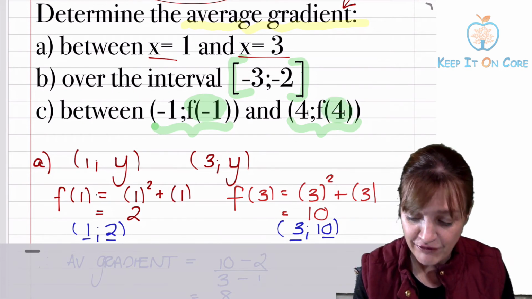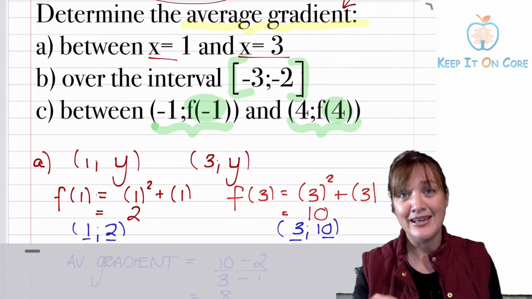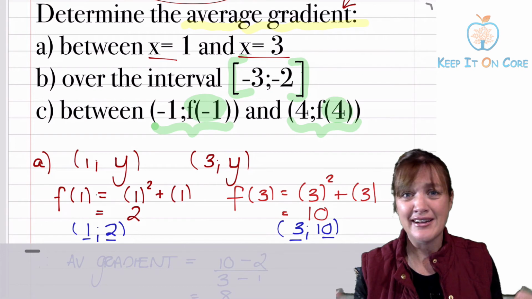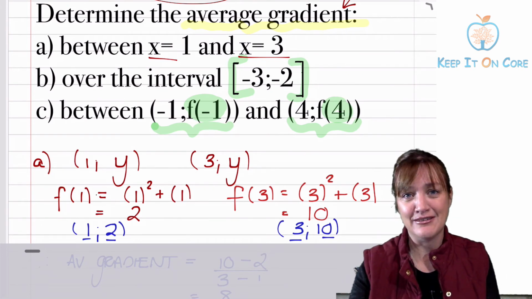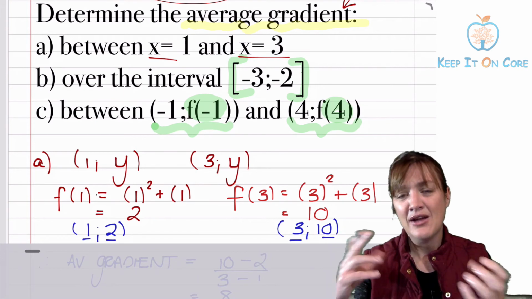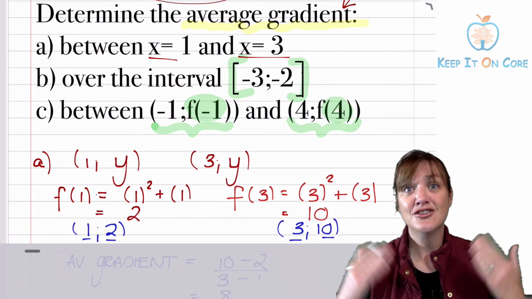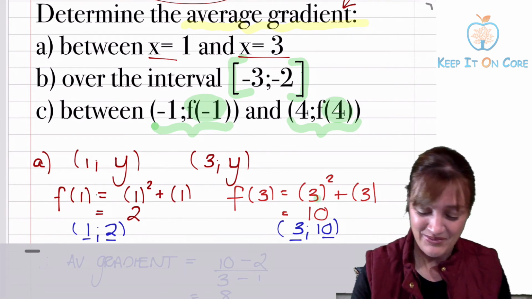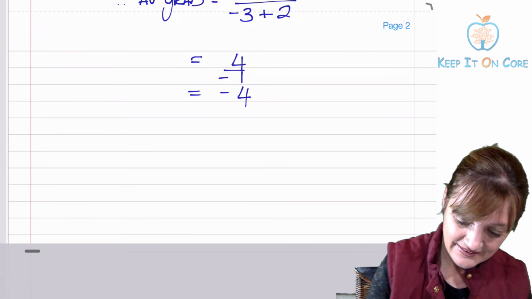And f of 4 is just the y value where the x value is 4. So all you're doing is exactly the same thing as before. It's just being given to you in a slightly different way. You've just got to be able to recognize and interpret that kind of notation so that you don't let it confuse you.